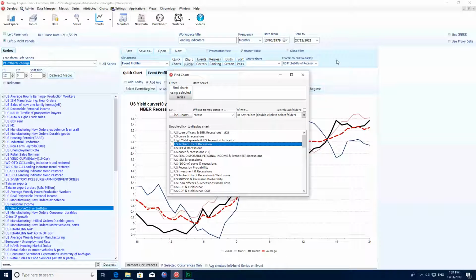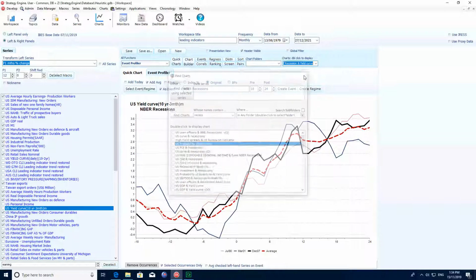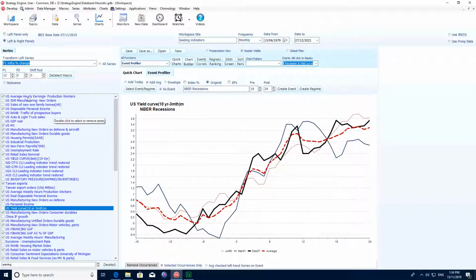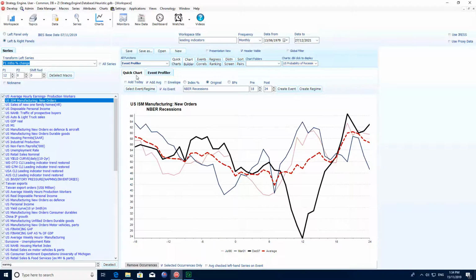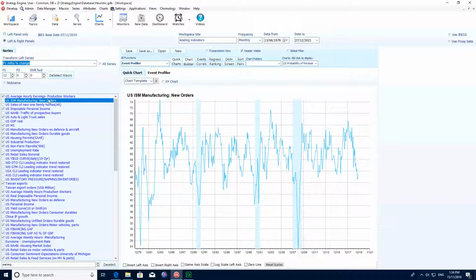We're just going to go now through a few of the other indicators in the US, just as a bit of an update. We'll just start with the ISM. This is just the ISM new orders. Now, the problem with this, yes, each time we've had a recession, it has gone through the 50 level.